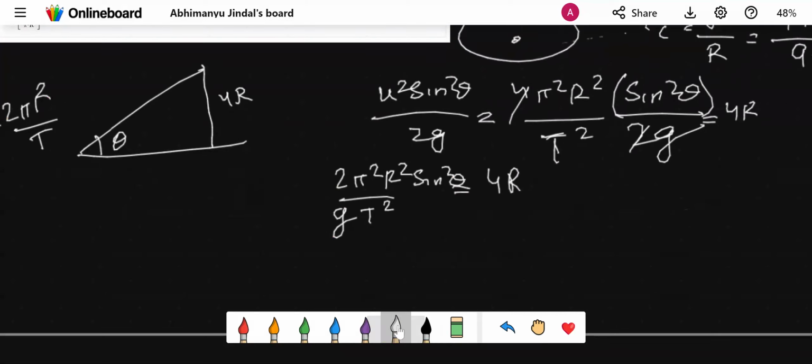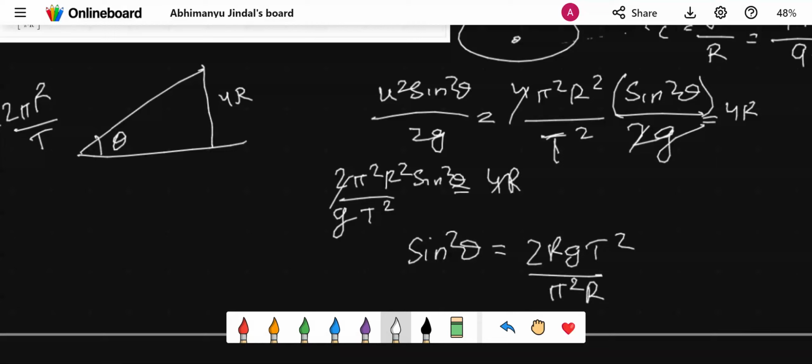And now I can say sine square theta equals 2rg t square by pi square r square. So r is gone. So 2g t square by pi square r, and sine inverse of this whole thing.